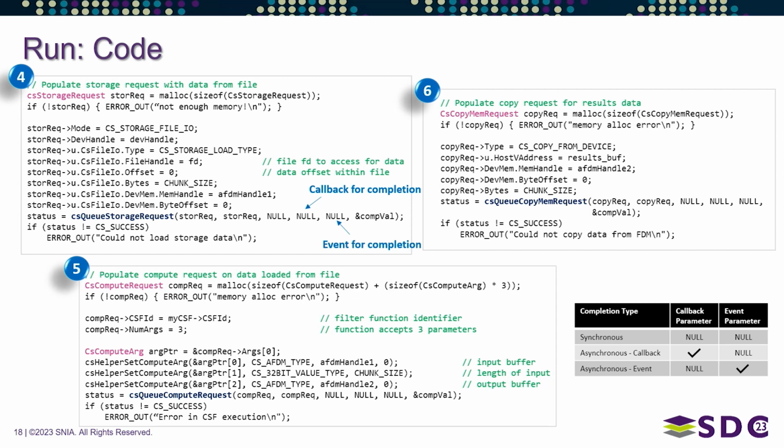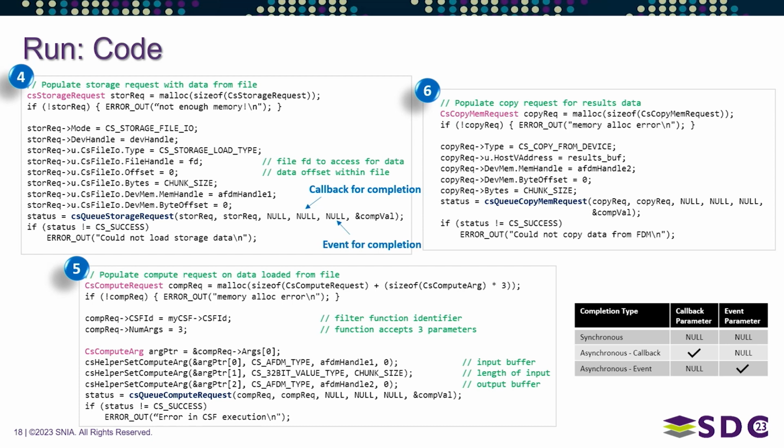The previous one was the setup, and this was the run. And here, as you can see, if you're using the synchronous or asynchronous mode, the 3 modes of completions, if you're running in synchronous, you wouldn't specify the callback or the event parameter. If you want the asynchronous callback model, you would provide a callback and not provide the event parameter. And if you want the event-based asynchronous completion model, you would just provide the event parameter.